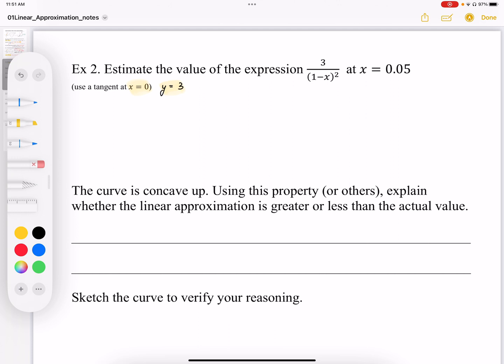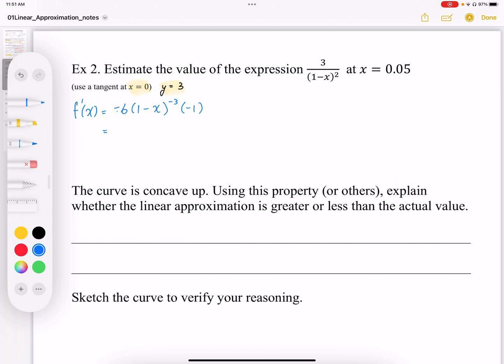So then, to get the tangent line equation, I need to first of all find the derivative so I can find slope. So f prime, I'm going to use the power rule for this. So I'm going to end up with negative 2 times 3, which is negative 6, (1 minus x) to the negative 2 minus 1, which is negative 3, and because of that extra negative in front of the x, I need to use chain rule and multiply by negative 1.